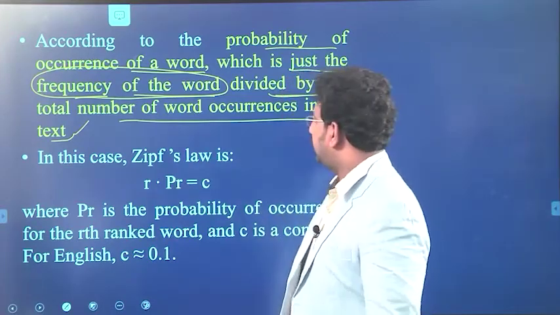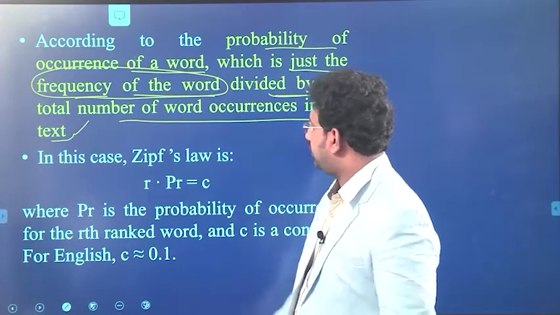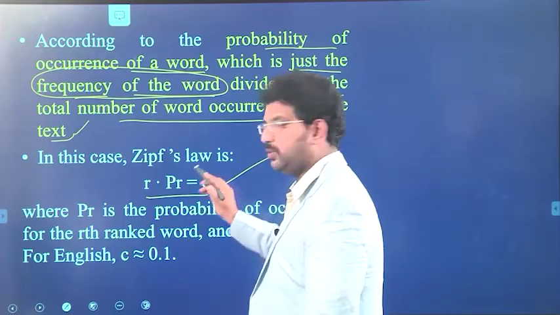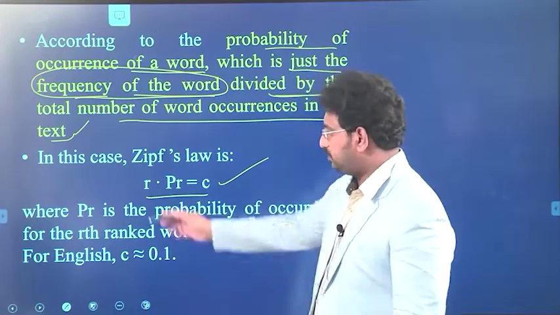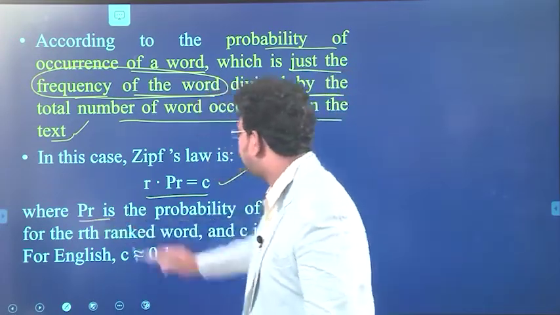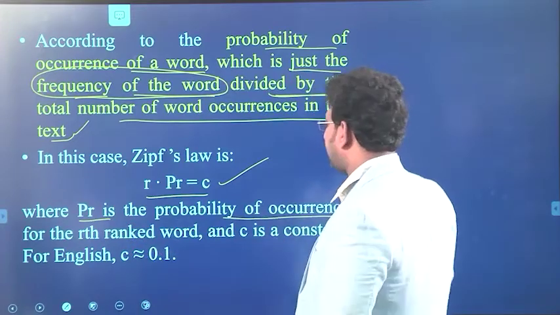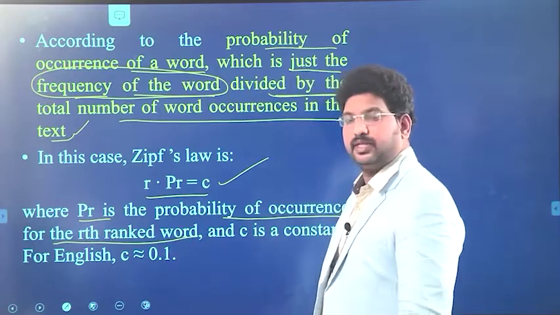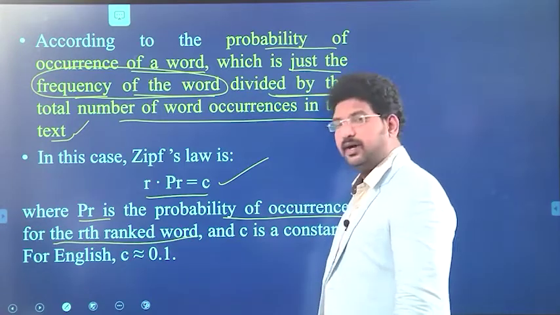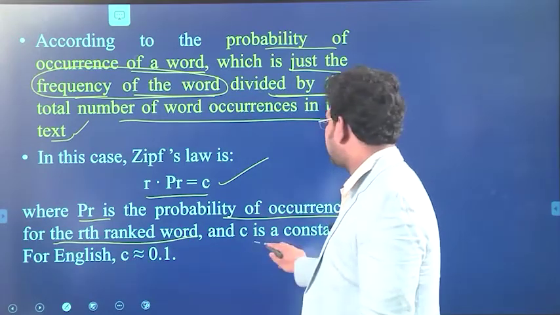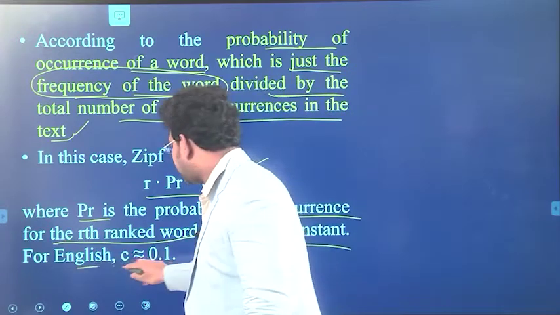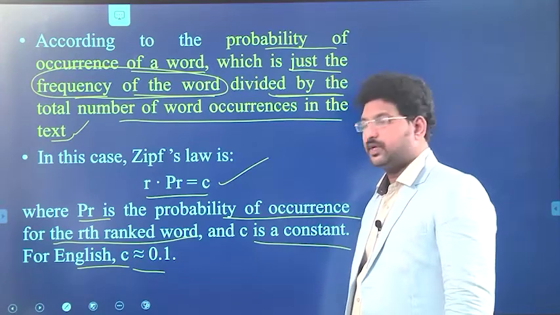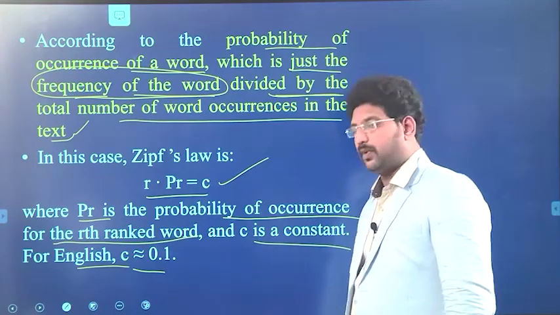In this case, Zipf's law is defined like this: r times Pr equals C. Observe here, Pr is the probability of occurrence of the rth ranked word, and C is a constant for English, which is approximately 0.1. C equals 0.1.